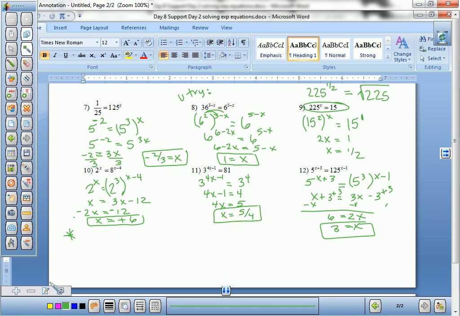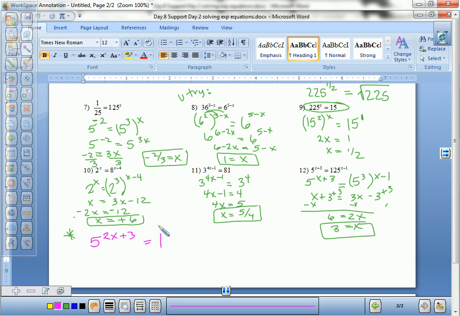Good catch. All right, so let's do some of the weird ones now. So the first weird one. Let's do this: 5 to the 2x plus 3 equals 1.